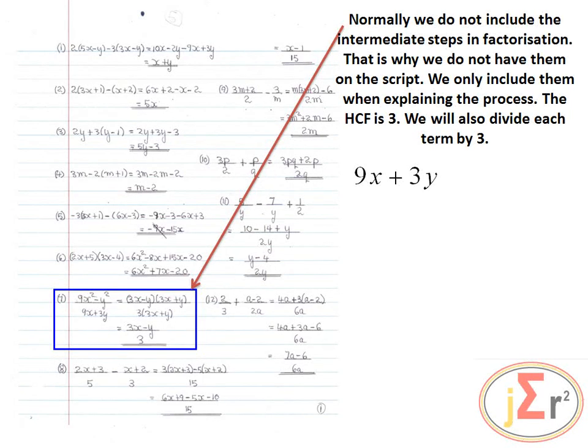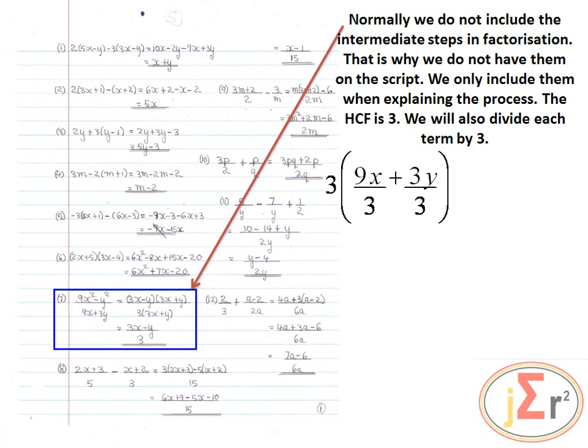That is why we do not have them on the script. We only include them when explaining the process. The highest common factor of this expression is 3. We will also divide each term by 3. And we are factorizing the original denominator, and we are taking a common factor of 3. And we are dividing each term by that common factor of 3.